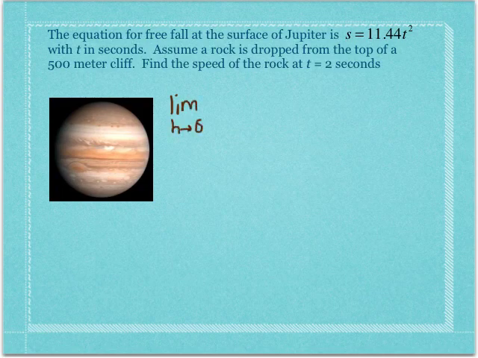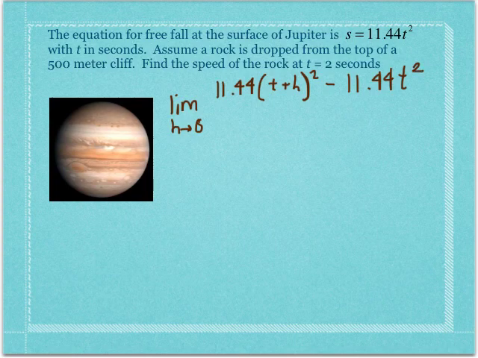expression here. And so it's going to be, as h approaches 0, of course, we have 11.44 times (t plus h) squared minus 11.44 t squared. And of course all this would be over h. I'm not going to write that every time here.